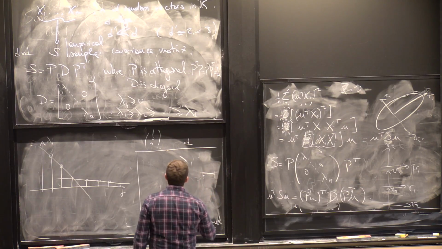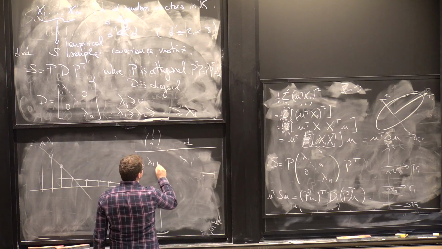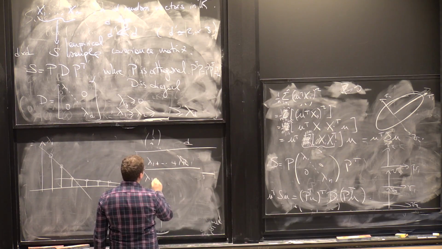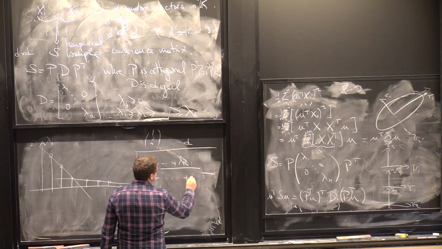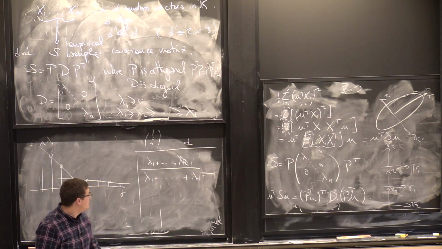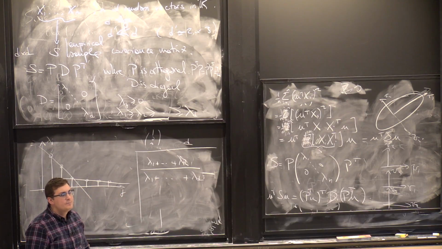So if I look at lambda 1 plus ... plus lambda k, and then I divide by lambda 1 plus ... plus lambda d, what is this? This lambda 1 plus ... plus lambda d is the total amount of variance that I have in my points. That's the trace of sigma. So that's the variance in the first direction, plus the variance in the second direction, plus the variance in the third direction. That's basically all the variance that I have possible.